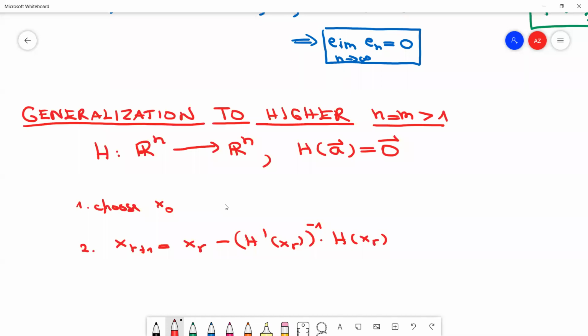So what would we take instead of the derivative for a vector function of a vector variable? So we need to find a generalization of this.